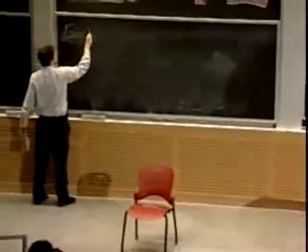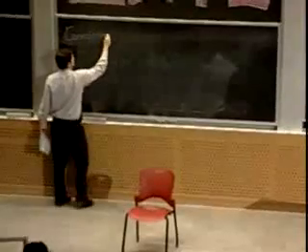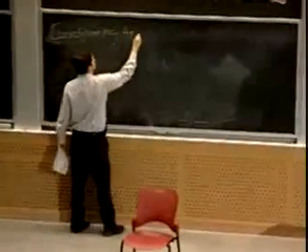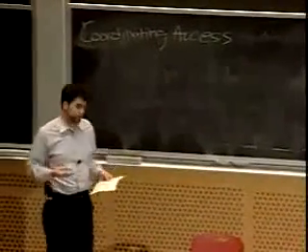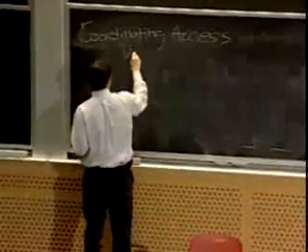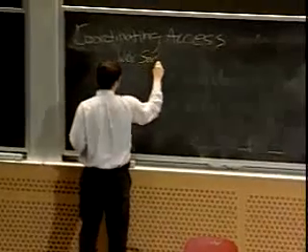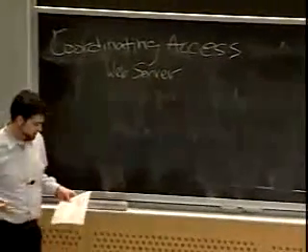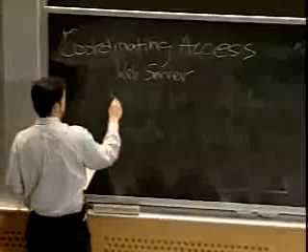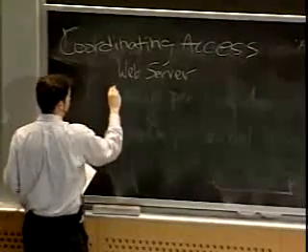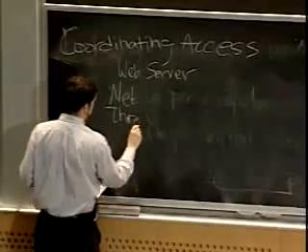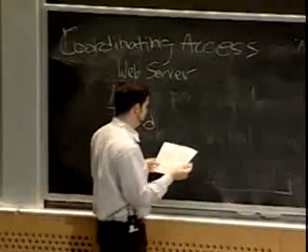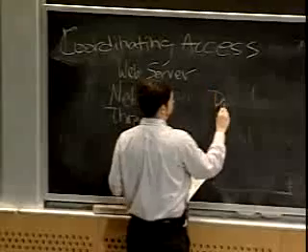Let's suppose that I am building a web server, and I decide that I want to structure my web server as follows. I want to have some network thread, and I want to have some thread that services disk requests.